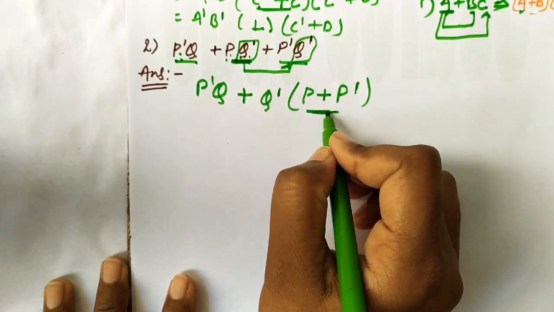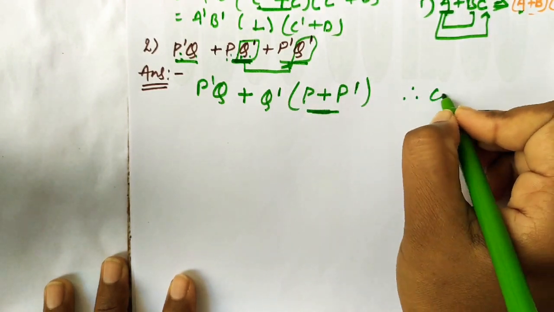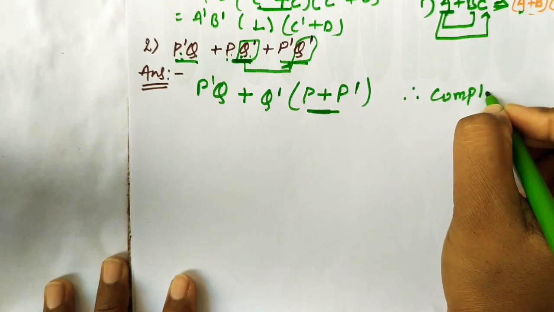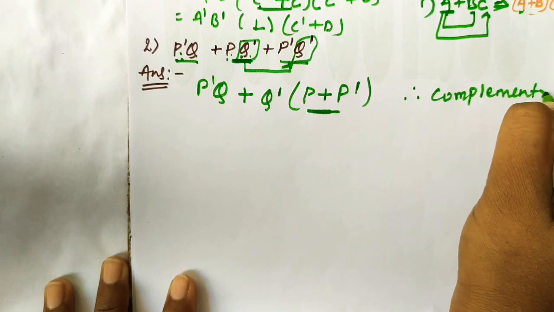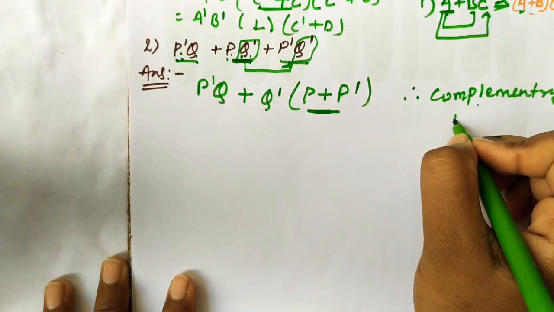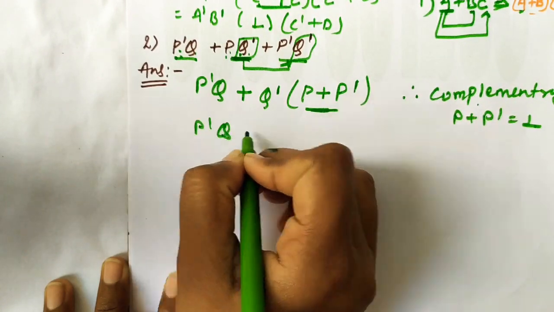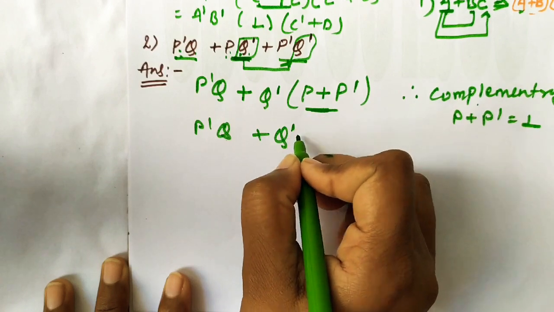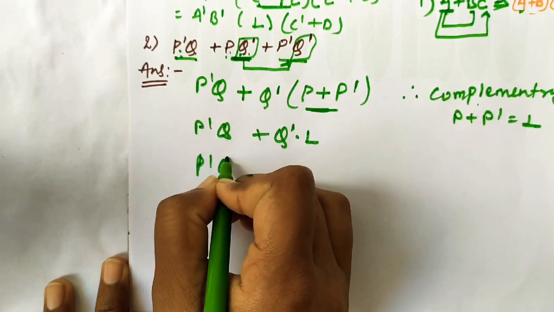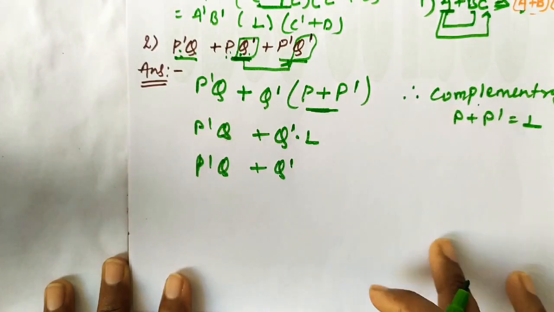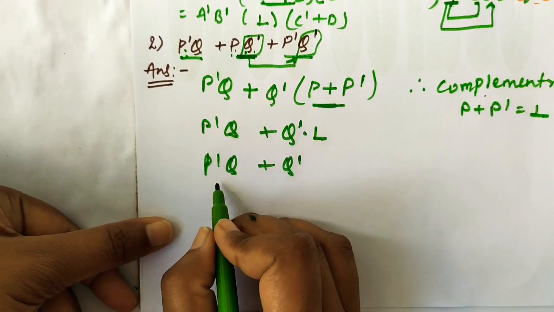Then in this term, by using the complementary law, p plus p dash is equal to 1. So p dash q plus q dash by 1, and this is q dash.